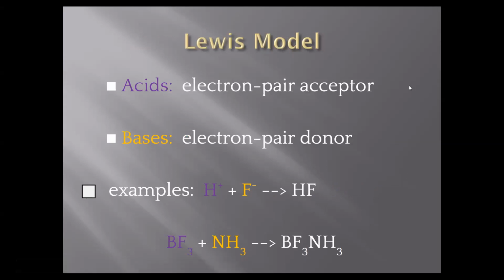In the Lewis model, on the other hand, acids and bases are either electron pair acceptors or electron pair donors. So acids in this case are going to be the acceptor of an electron pair.